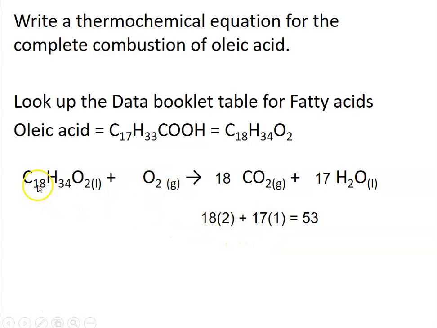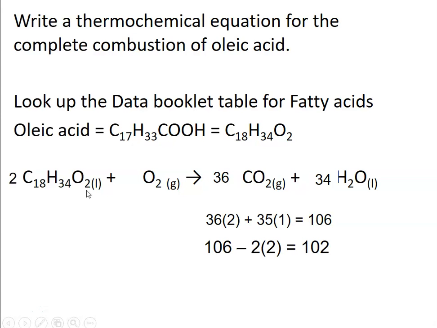So anytime that you've got an even numbered carbon, you generally double the reaction. So we're doing each of these twice, so we've got twice the amount of carbons and hydrogens, so therefore twice the amount of oxygen. If we took 2 lots of 2 away, so 4 oxygens for our fuel, then we've got 102 left, which we're dividing between 2 oxygen in a molecule, so we've got 51 oxygen molecules.